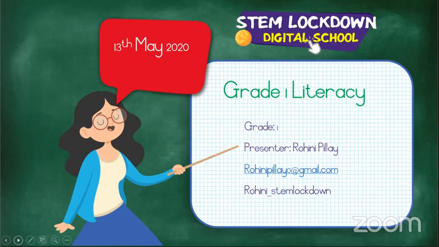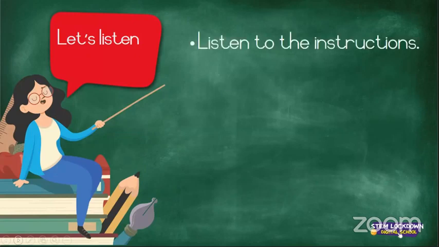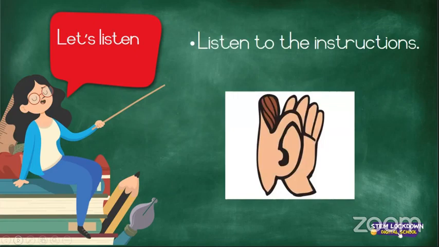All right, boys and girls, so let's go and have a look and see. What are we going to do first? We are going to listen. Listen to the instructions. Okay, so you need a blank piece of paper. I am going to test your listening skills.